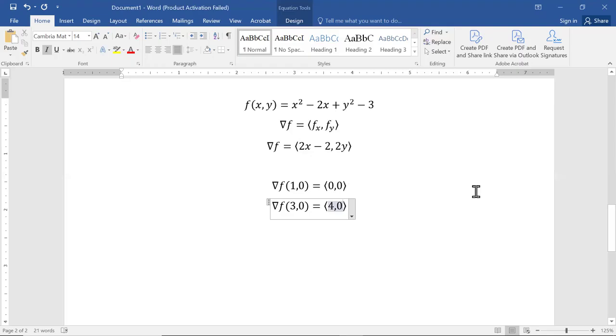So you'd get 4 comma 0 as your vector. So that's the gradient. And we can see how that matches up with everything we've been doing so far, all of these partial derivatives. And now we have a vector that's called the gradient vector of f.